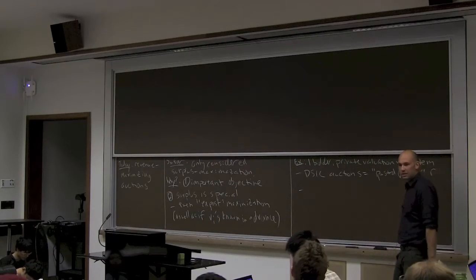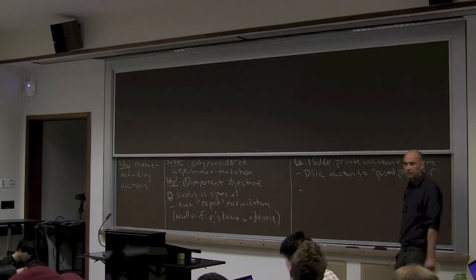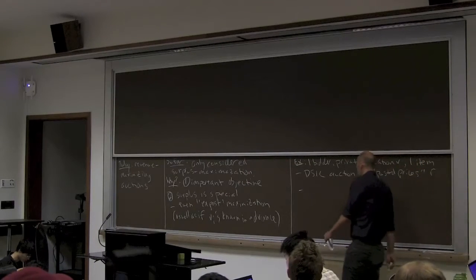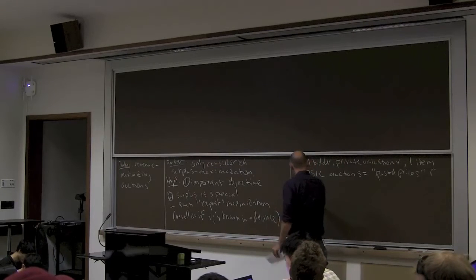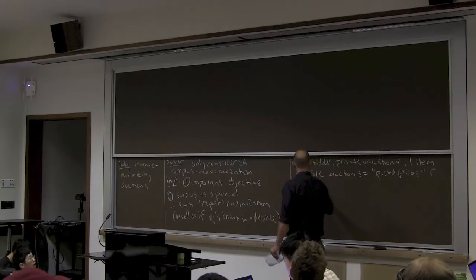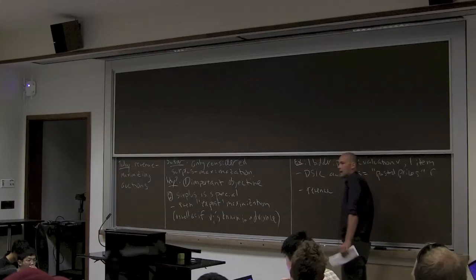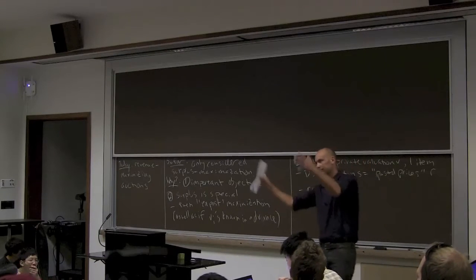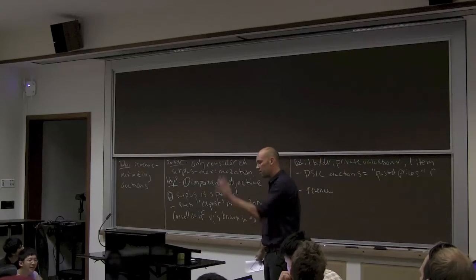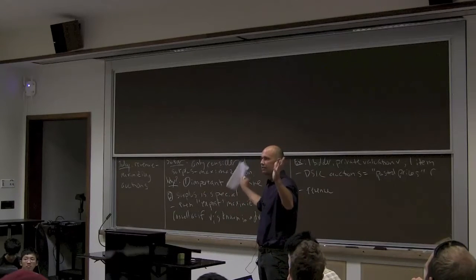It's not going to matter; with DSIC auctions, you generally don't care, so you can think about it either way. So you walk up to the bidder and you show them the item, you put a price tag on it. You say, take it at this price or not.